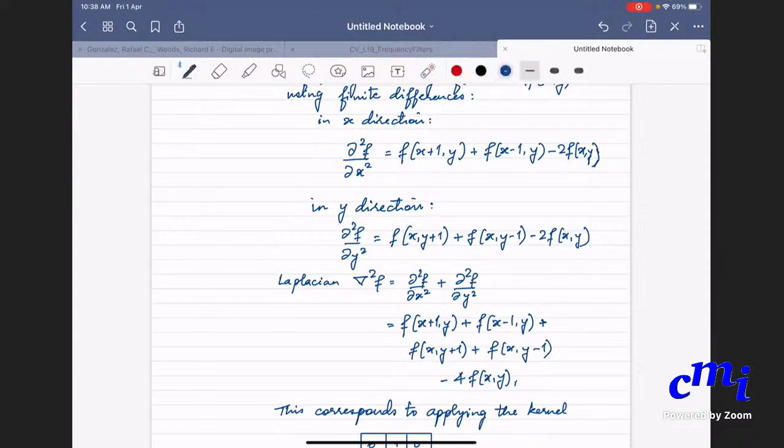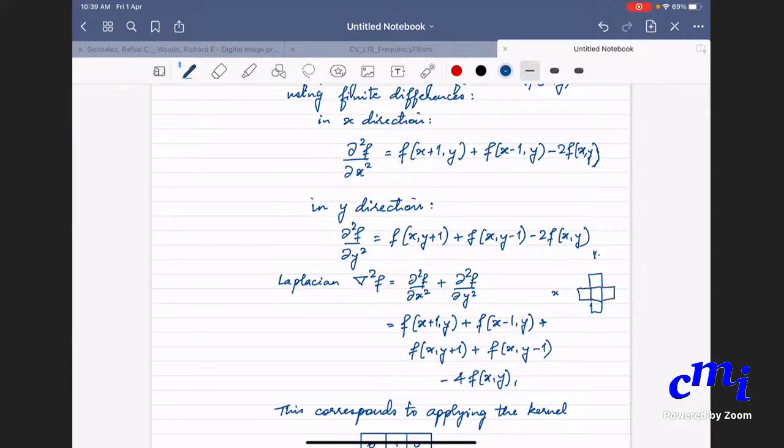So if the location is here, and this is (x,y), then these are all in integer increments. So (x+1,y) is going to be here, (x-1,y) is going to be here, (x,y-1) is here, and (x,y+1) is here.